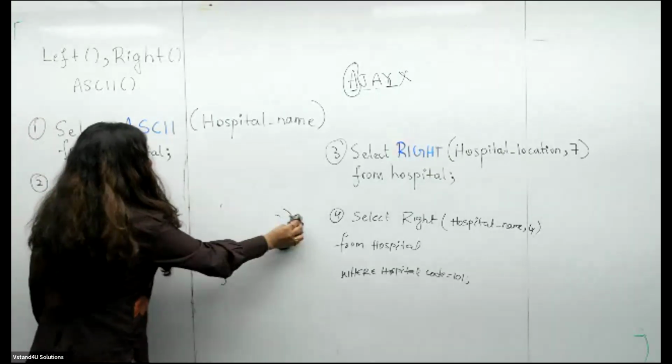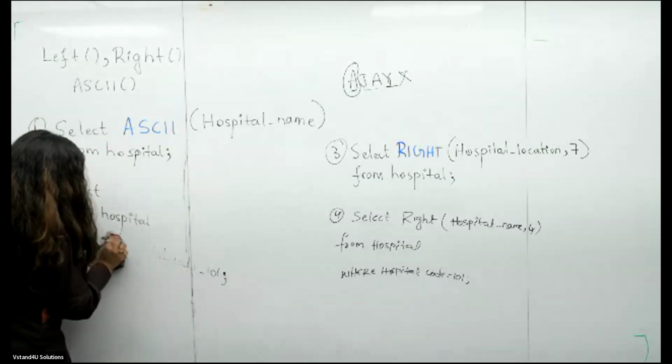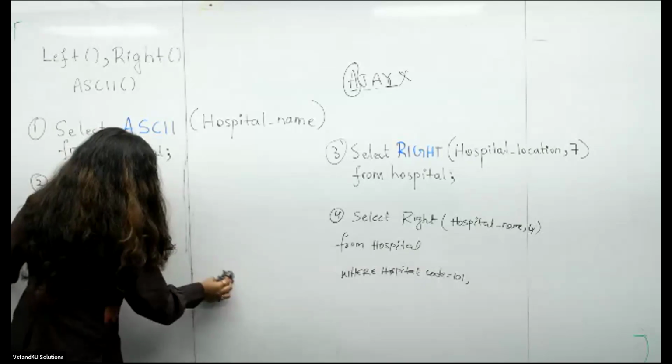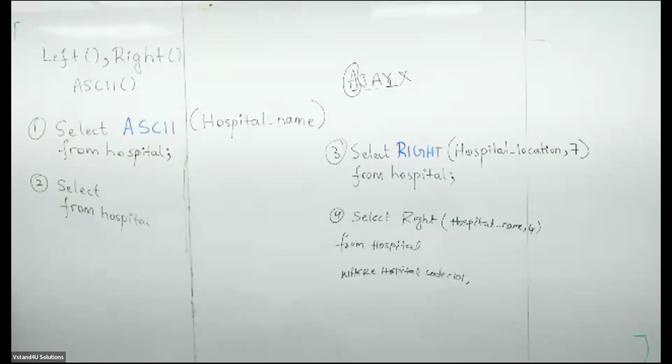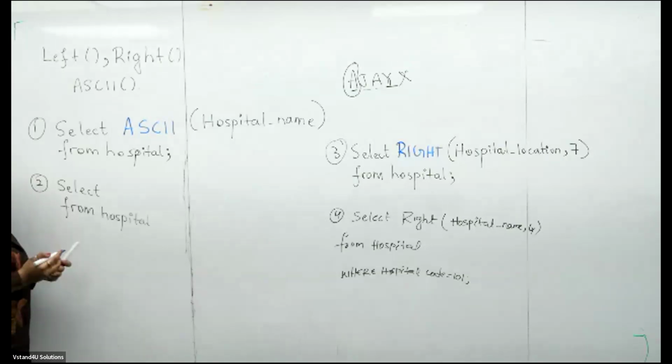Yes, my dear students, think. Someone said that you will be using substring. How will you use that substring? You already know that I have to use ASCII, because according to the question, they are telling you to get the ASCII value of the second character.